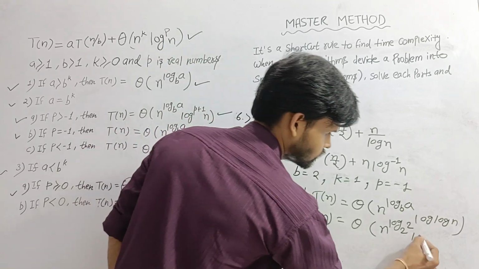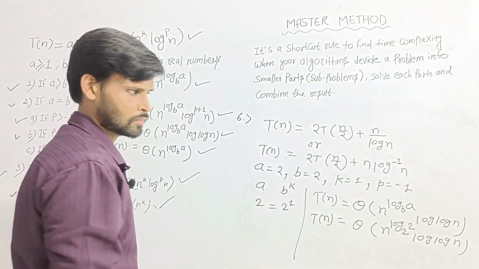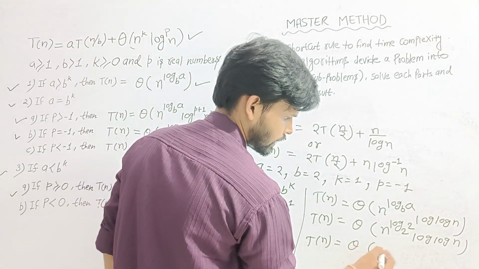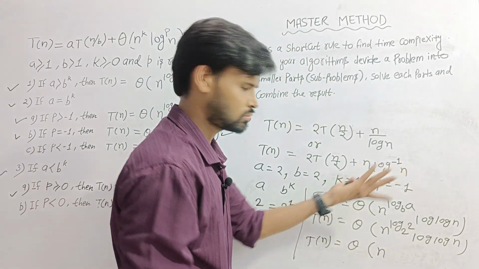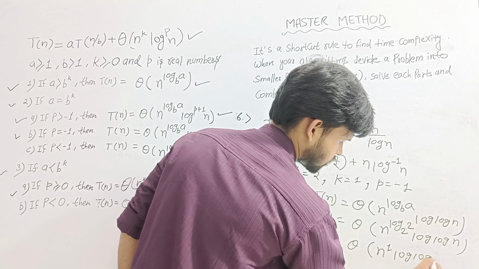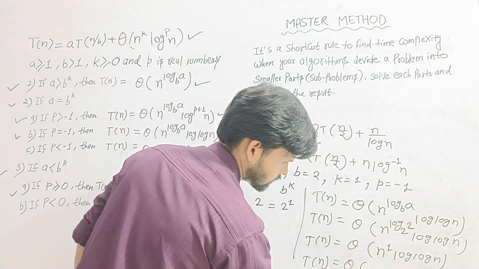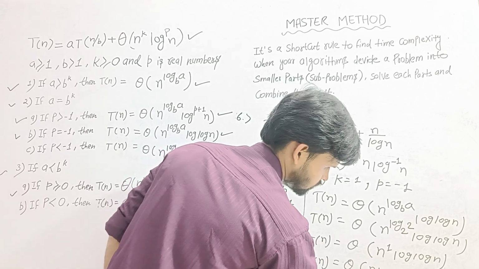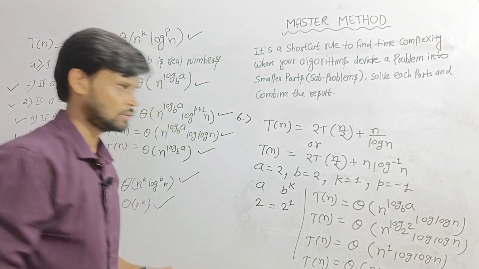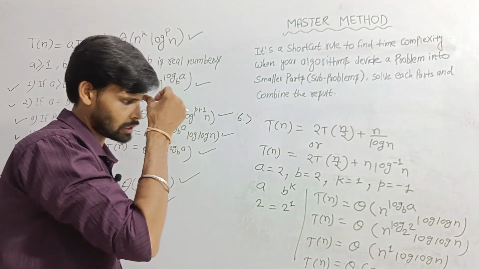And log log n. Clear? Next, n^(log 2 base 2), that is n^1, log log n. So what is the time complexity? n log log n. Okay, so this is the time complexity for the given recurrence equation.